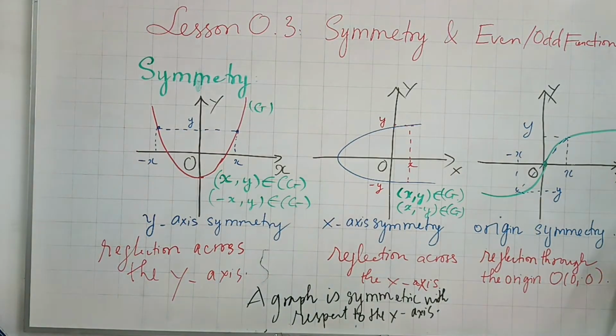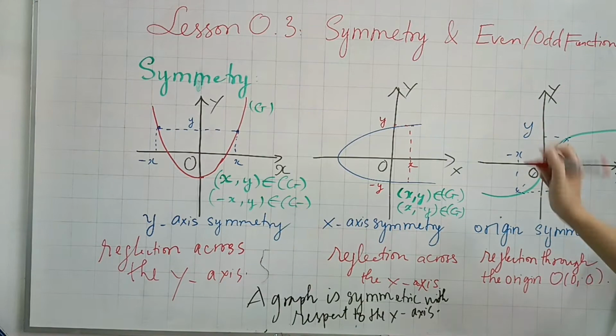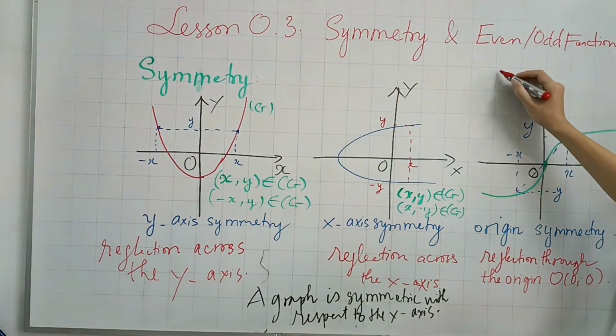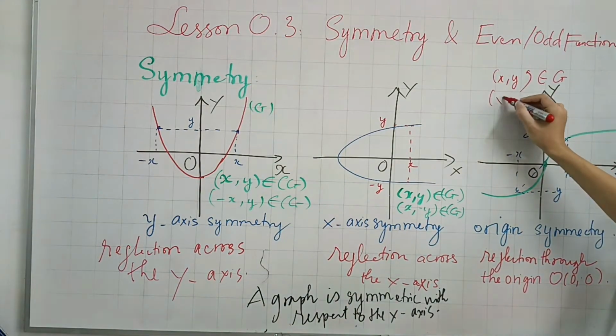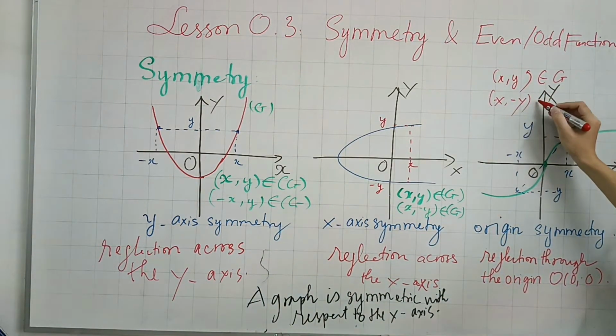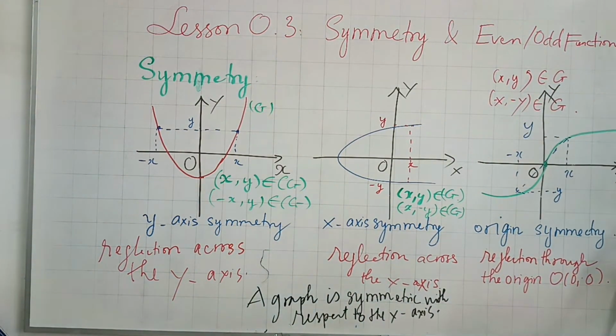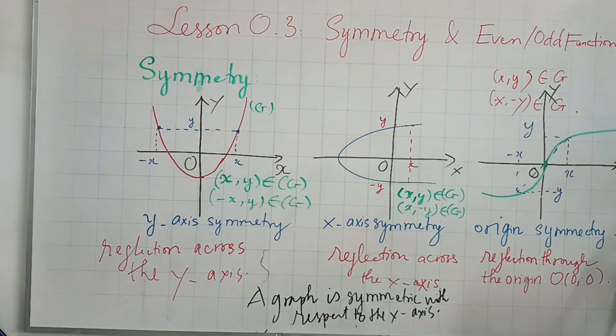So with origin symmetry, if (x, y) lies on the graph, the point (negative x, negative y) also lies on the graph.